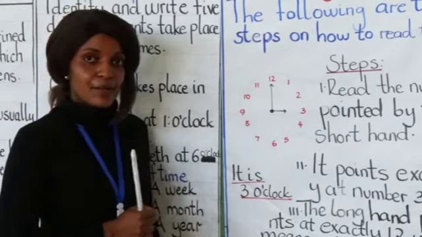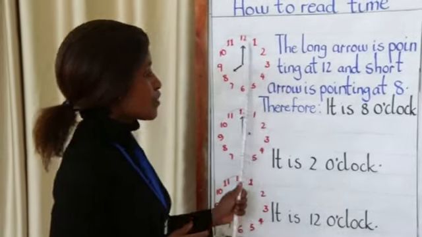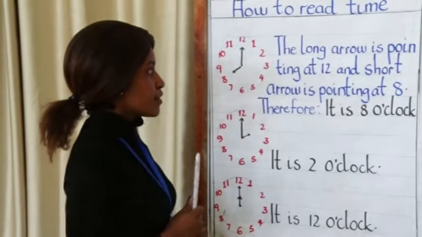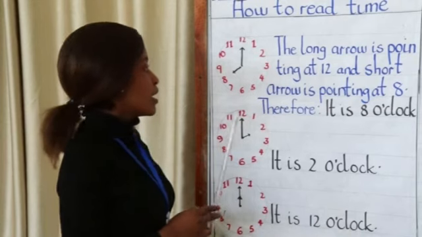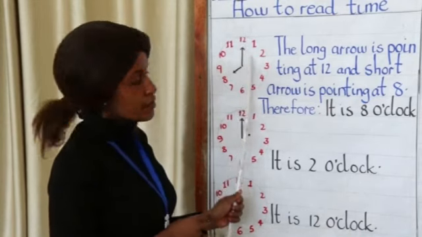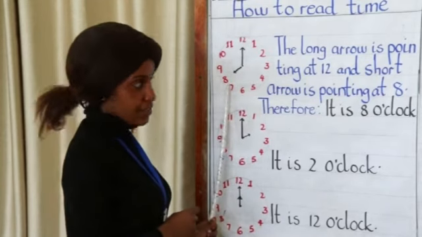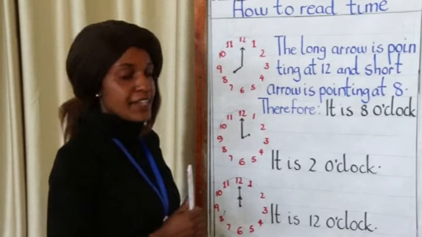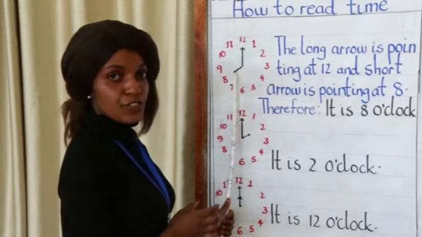Let us see more examples. We have a drawing of a clock face, and it has 2 arrows. While the long one points exactly at 12, the short one points exactly at 8. How are we going to read the time here? We start by looking at the short arrow.